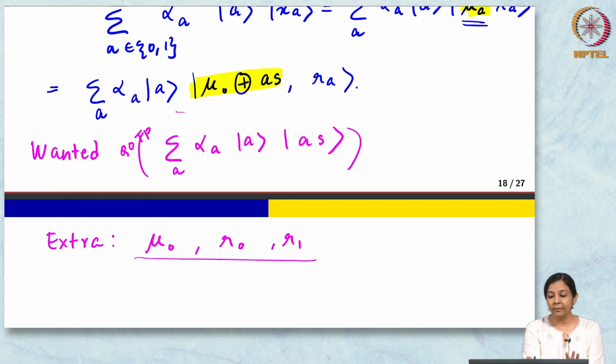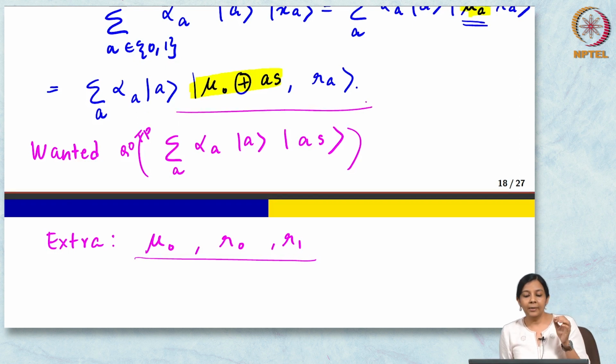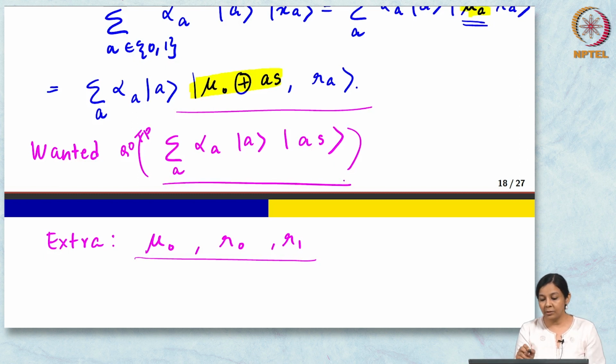We have a summation alpha A mu 0 XOR AS R A. Okay. What is it that we want? We want a QOTP of this, of summation alpha AS. We want some x to the little x, z to the little z of this summation A alpha AS, right.